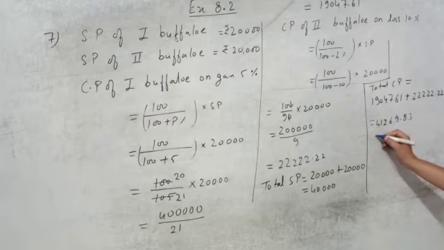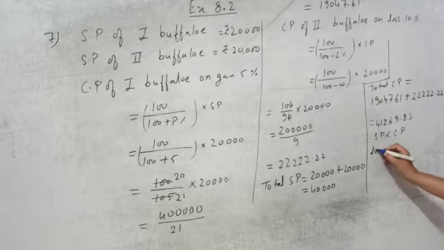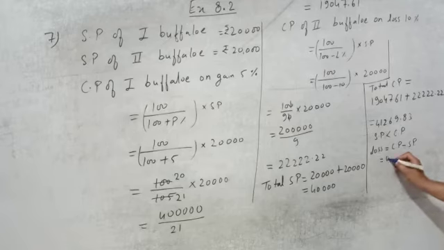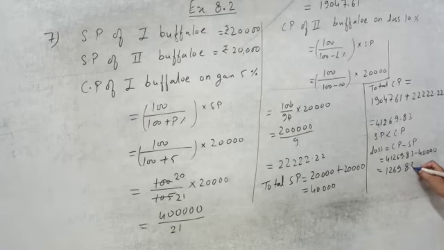So here we are seeing that the selling price is less than the cost price. So we are having a loss. How do we find the loss? CP minus SP. So we will subtract: 41,269.83 minus 40,000. How much will it come? 1,269.83.